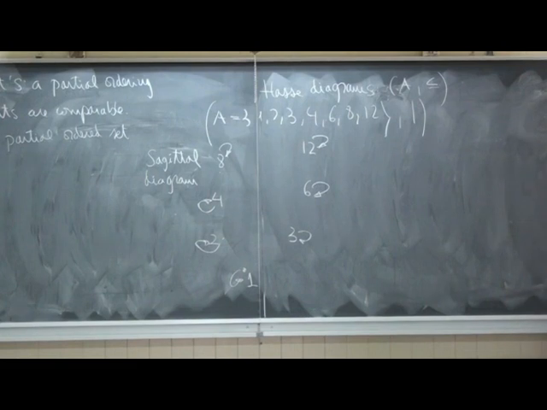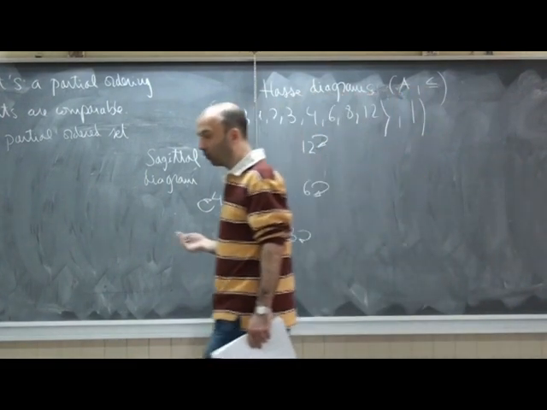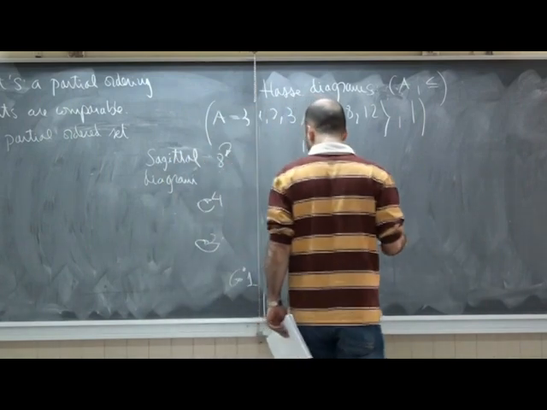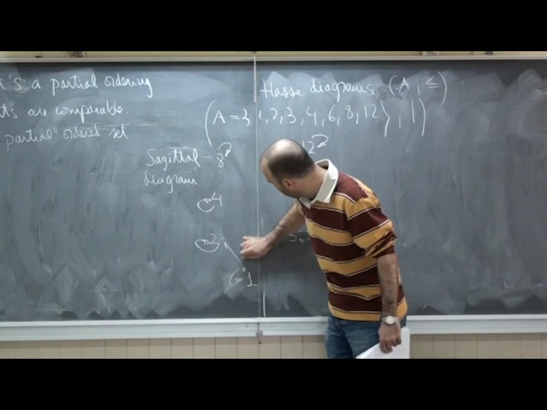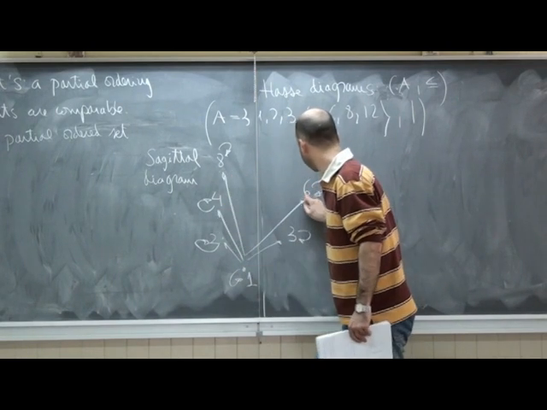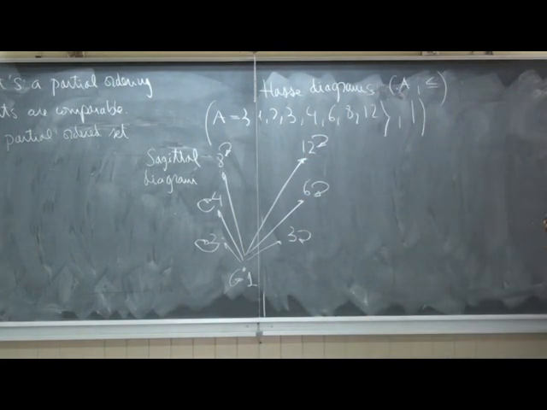And then I'm going to draw all the remaining arrows. So 1 divides everybody else. So I have that one.